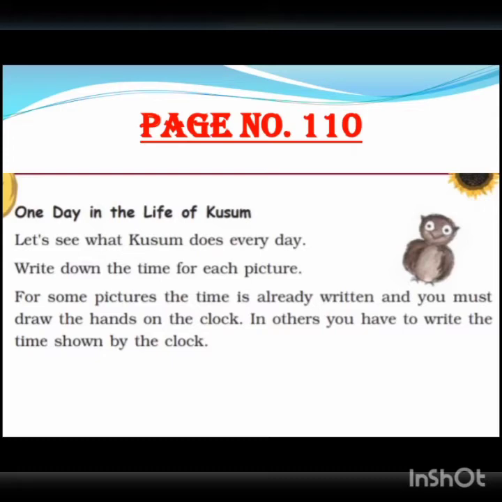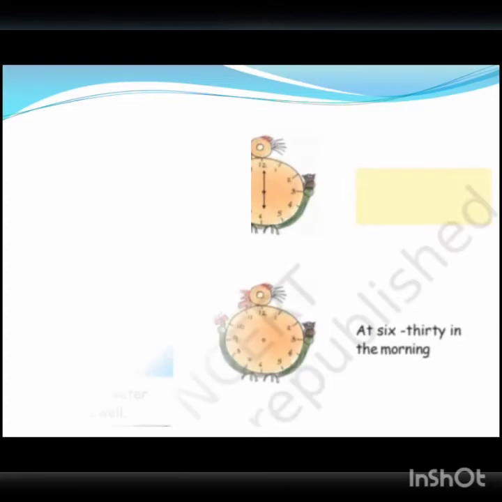Write down the time for each picture. For some pictures, the time is already written and you must draw the hands on the clock. In others, you have to write the time shown by the clock. So let's start.